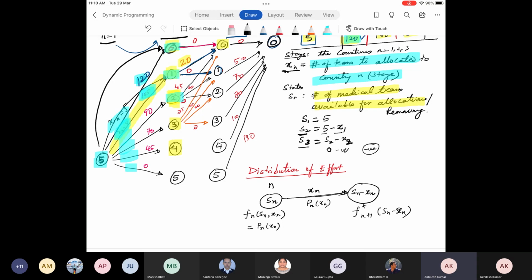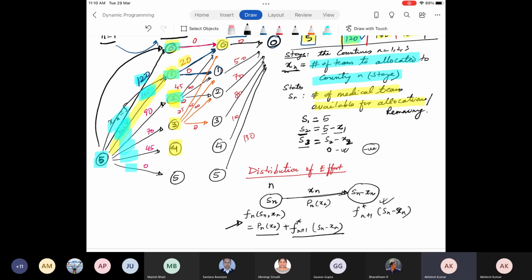And assuming we are working backwards, I know all the future numbers, so I will put F star n plus 1 of Sn minus Xn here. So Pn(Xn) is the immediate profit or cost. This is the future contribution.